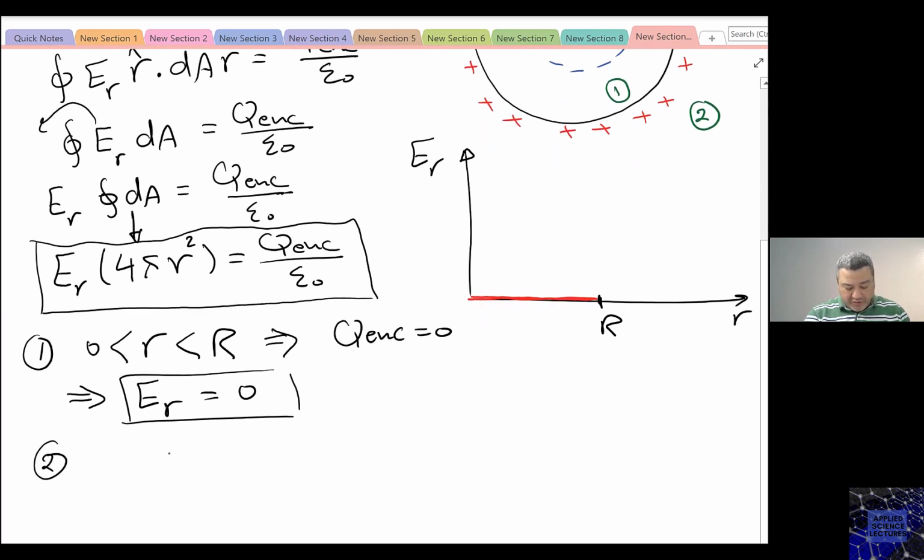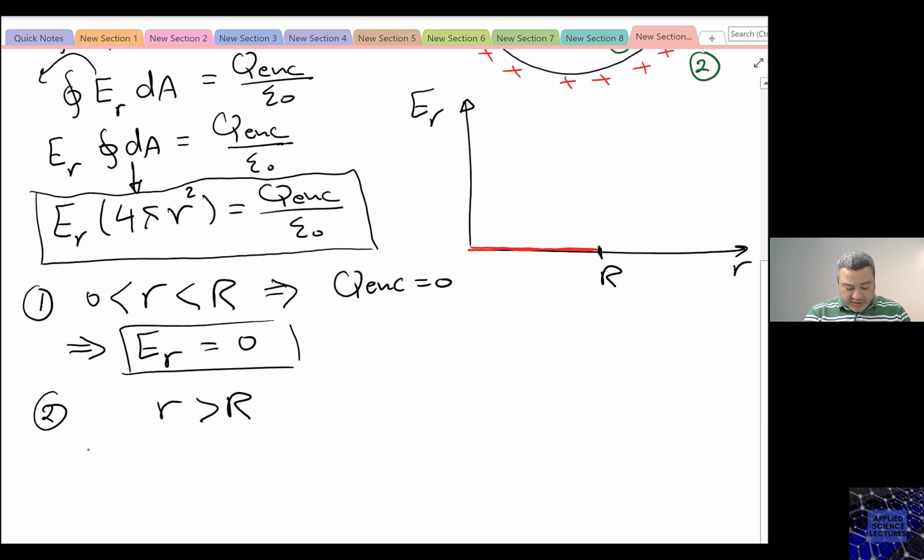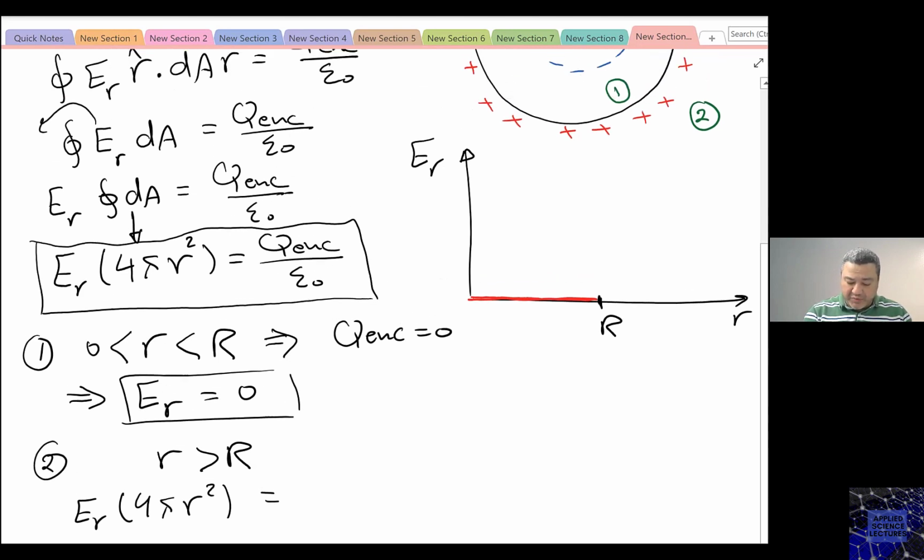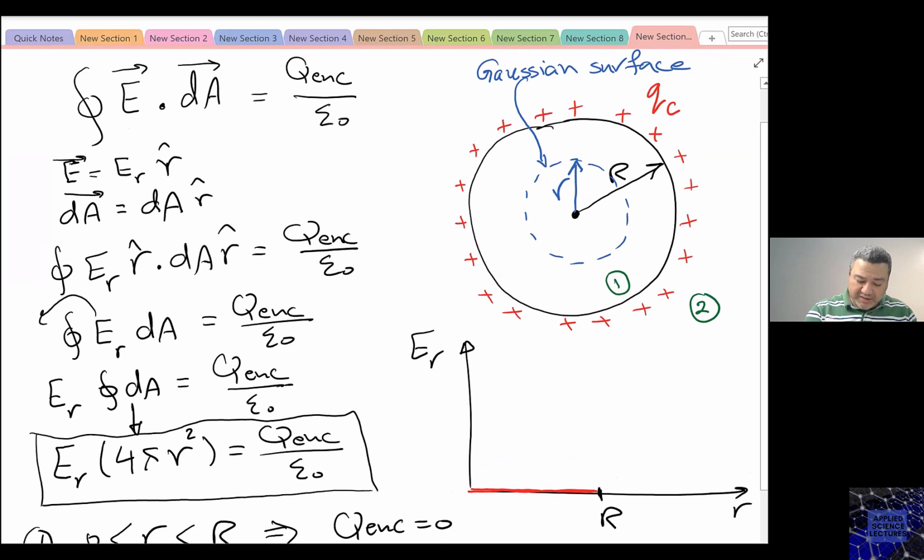Now we need to work on region number 2, where r is greater than capital R. We use the same expression that we derived earlier: E_r times the area of the Gaussian sphere equals Q enclosed divided by epsilon naught. Now let's draw the second Gaussian surface, for region number 2.